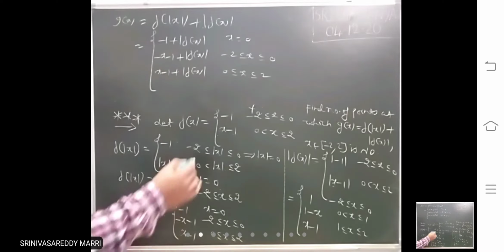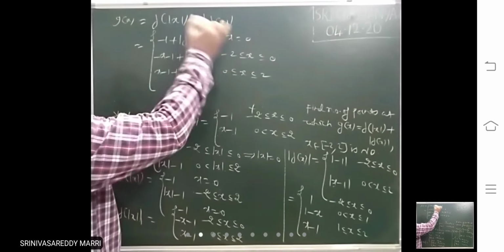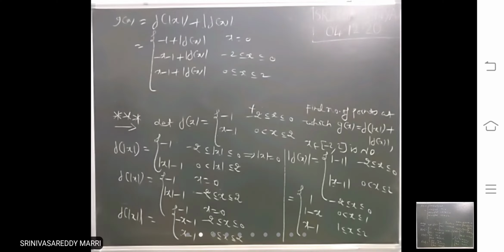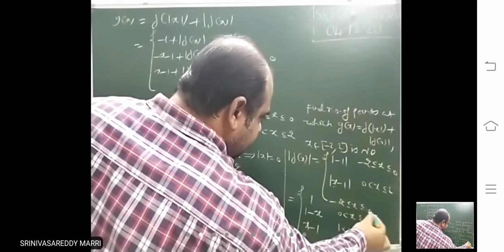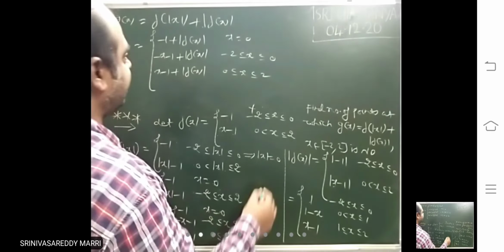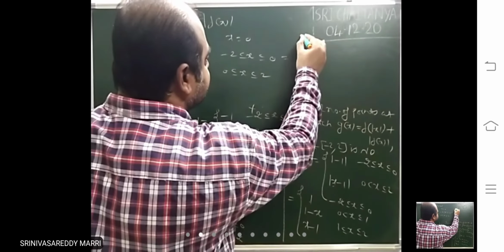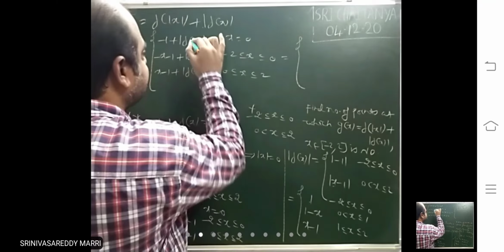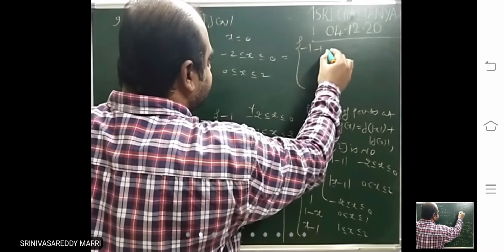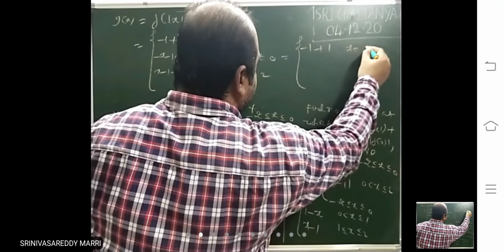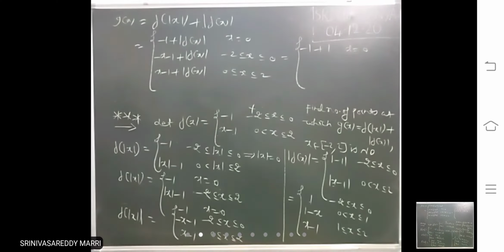So now, depending on the x interval, we will write this modulus f of x. If x equal to 0, what is modulus f of x defined? If x equal to 0, this is defined 1. That means I will write minus 1 plus 1 when x equal to 0.